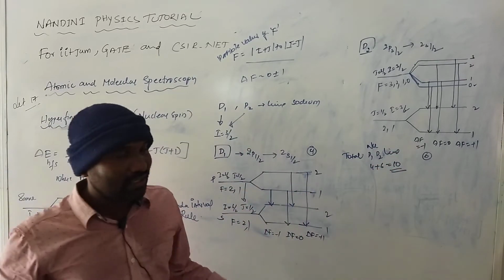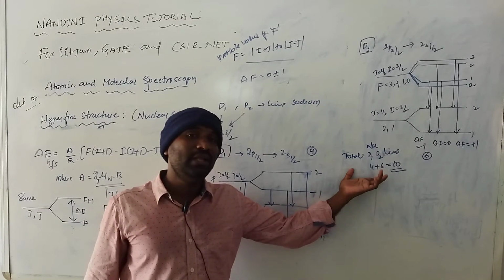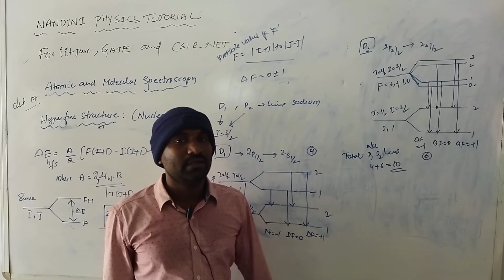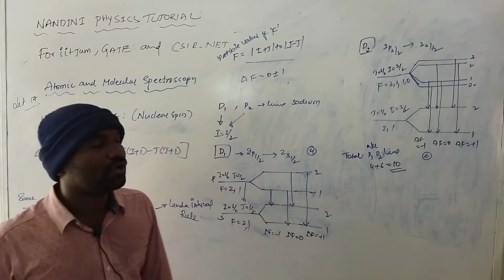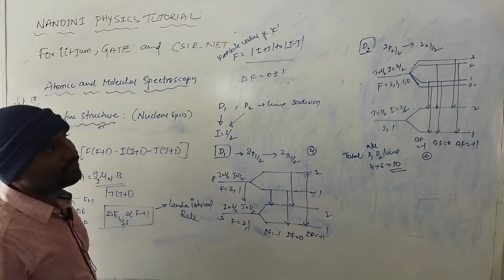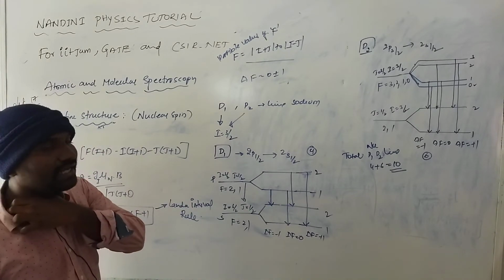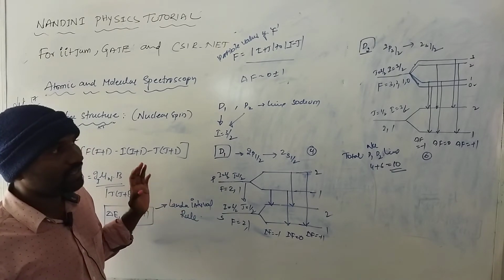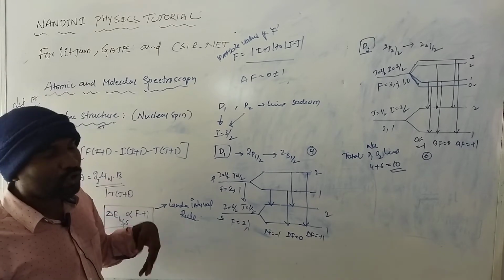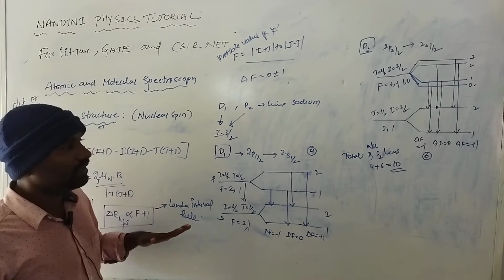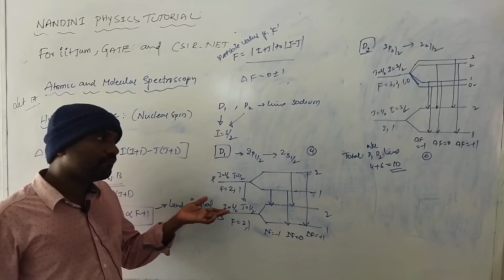Okay, so it is the same as the fine structure. In fine structure also, D1 and D2 lines give only 10 spectral lines. Similarly, in hyperfine structure you will get 10 parts, but in hyperfine structure the ground level, the S state, is also splitting in 2 ways, whereas in fine structure it was not splitting.